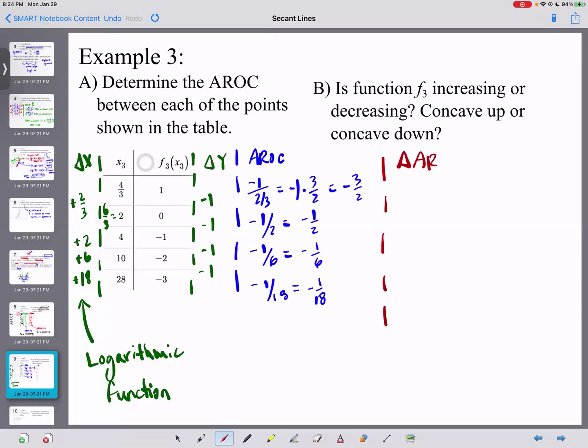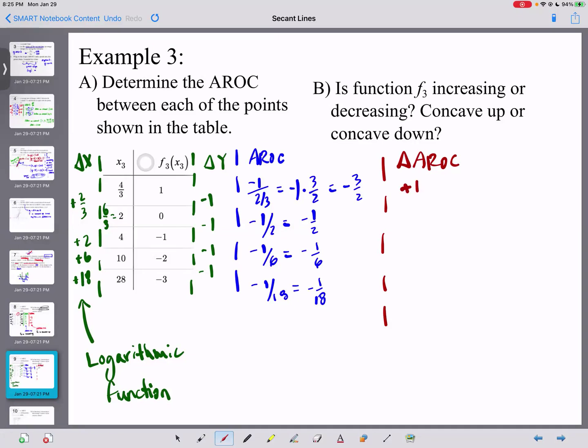Delta AROC. So going from -3/2 to -1/2, I actually add 1. Think of it as a decimal. This is -1.5. That right there is -0.5. I increase by 1.